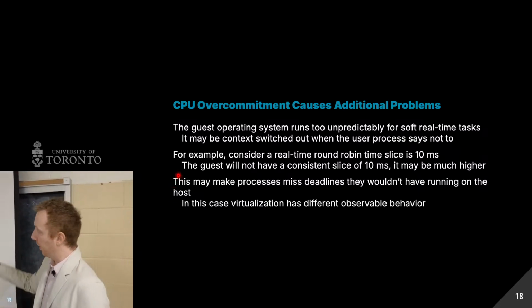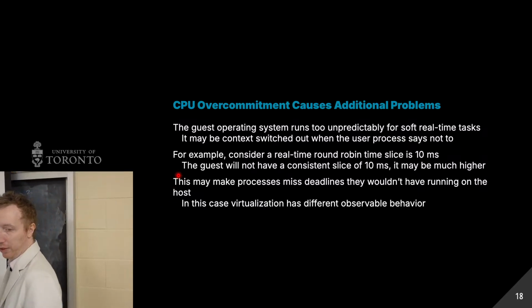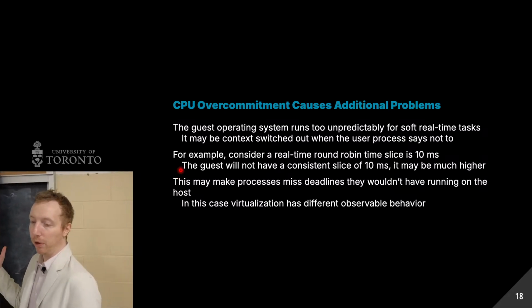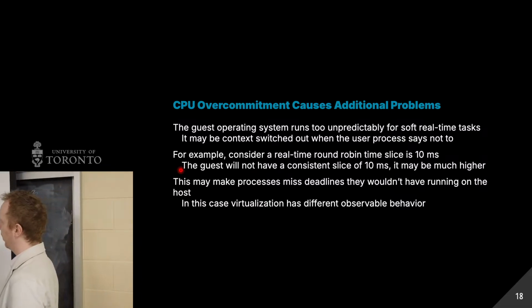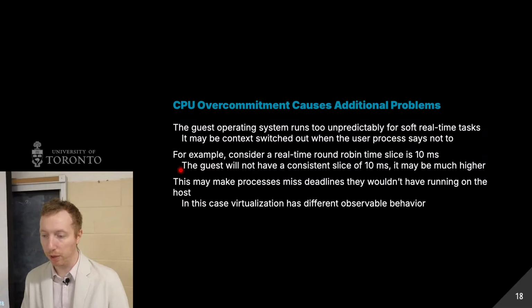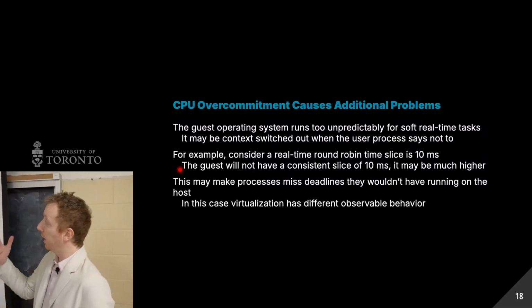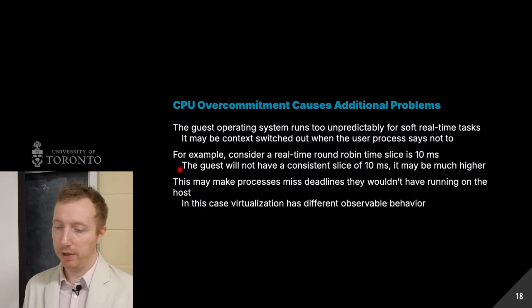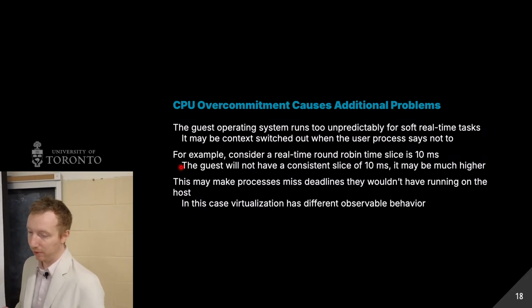So again, as a concrete example, if your process is doing real-time round robin with a time slice of 10 milliseconds on real hardware, it would kick out or context switch at most every 10 milliseconds, but the guest will not have a consistent time slice of 10 milliseconds.